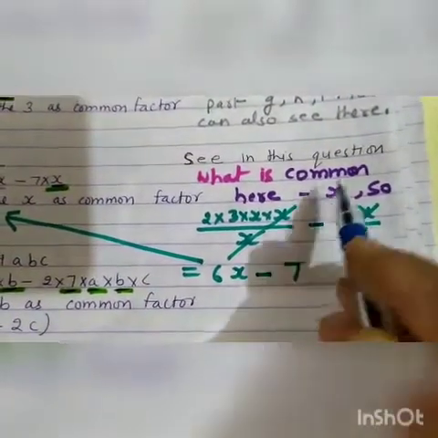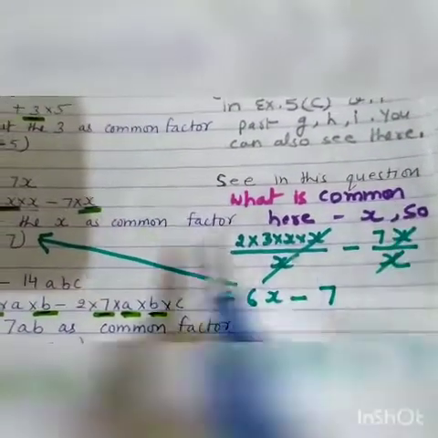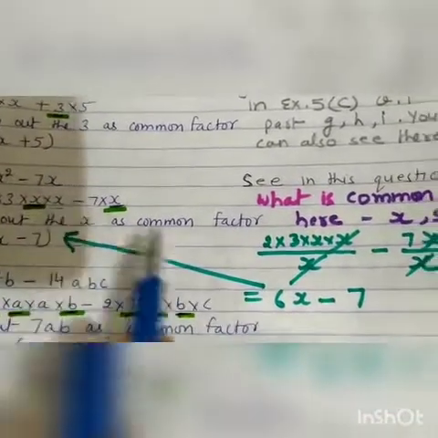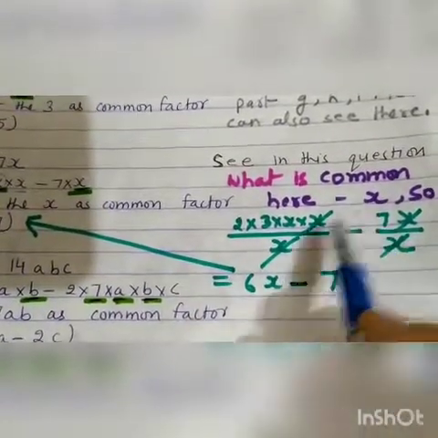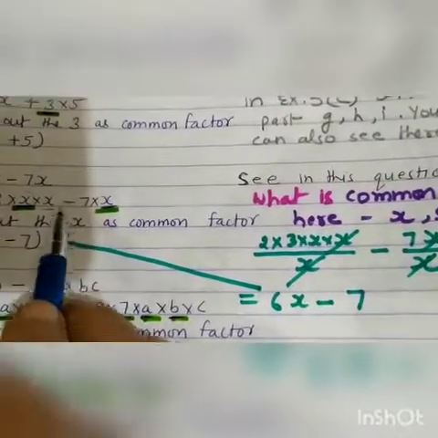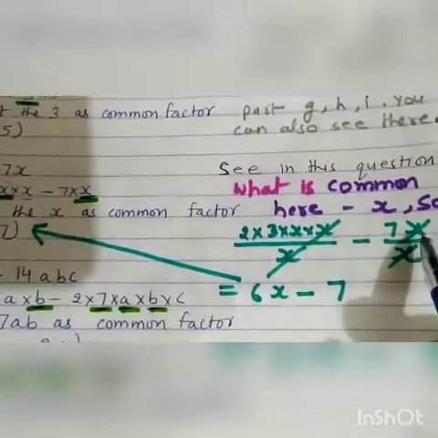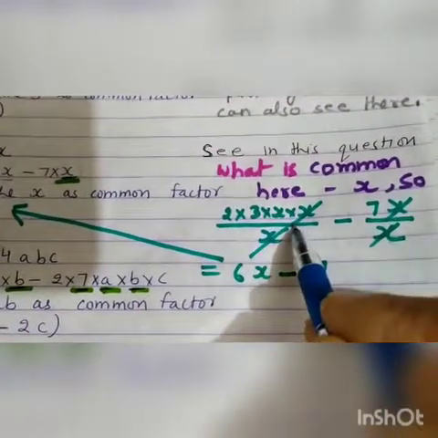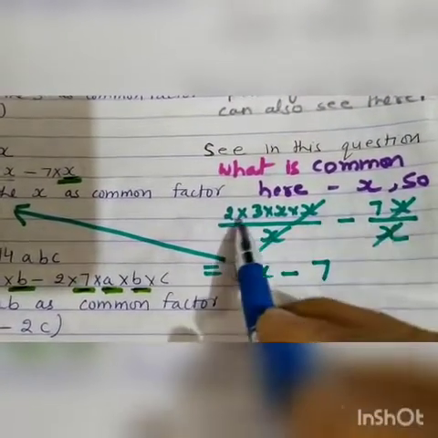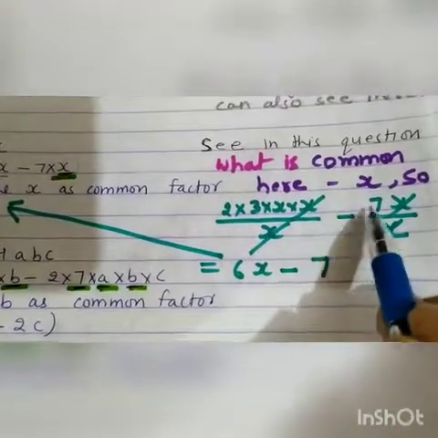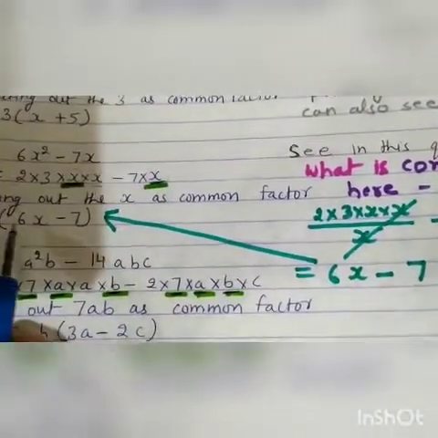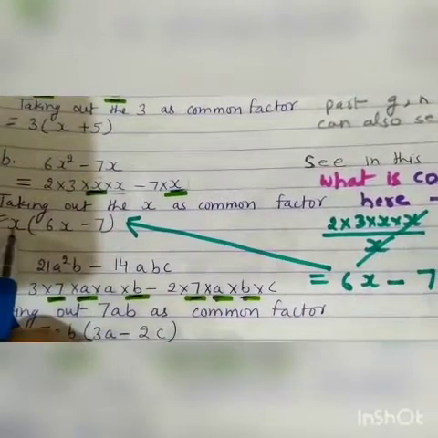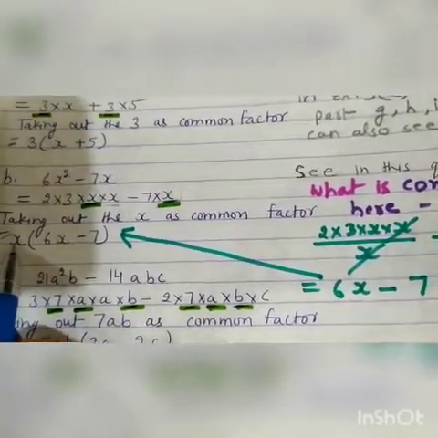We will write this 2 multiply 3 multiply x upon this common x. Then again minus, then 7 multiply x upon again common x. Now this x cancels, here this x cancels. What is left? 2 3 is 6x minus 7. So it will be written within the bracket. And what is common? Common is x. We will write this common factor out of the bracket.